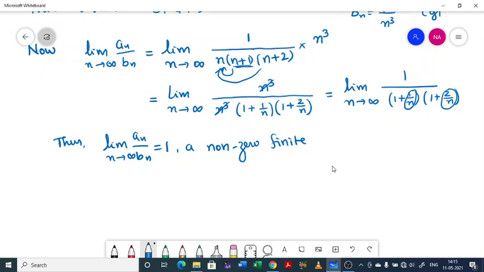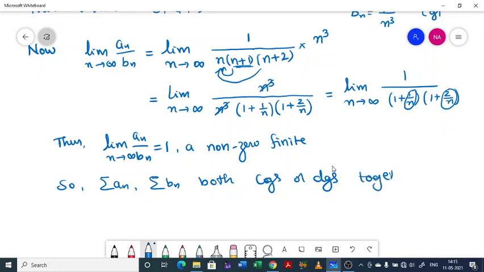So the conclusion from this is, summation an and summation bn both converge or diverge together. But summation bn is convergent. Why is it convergent?